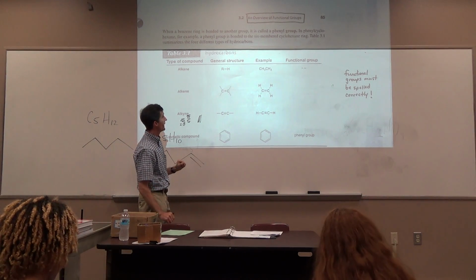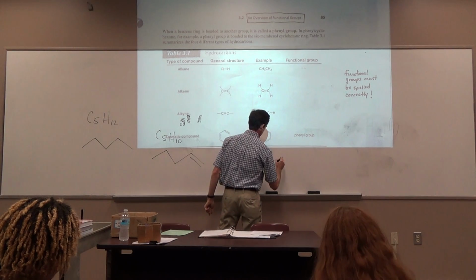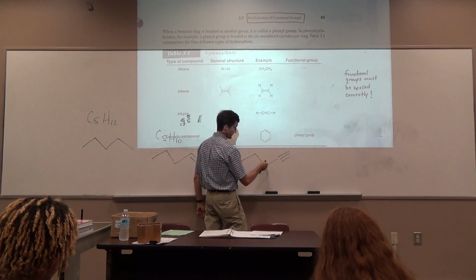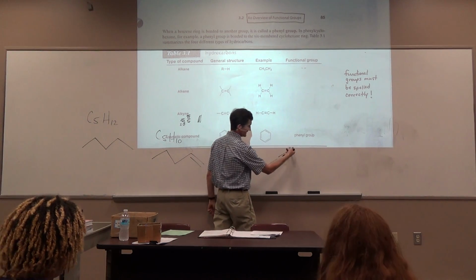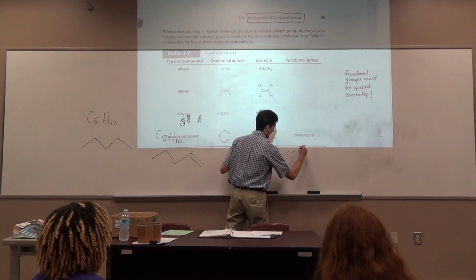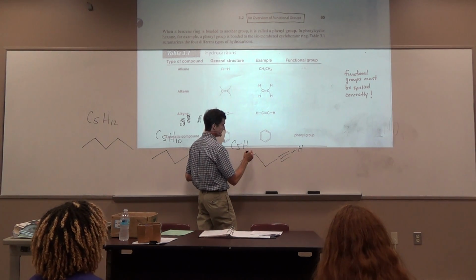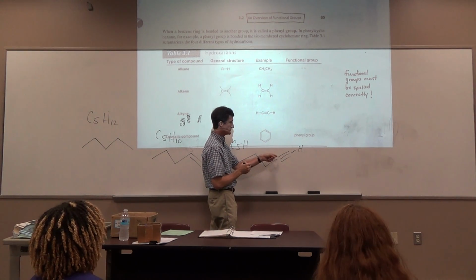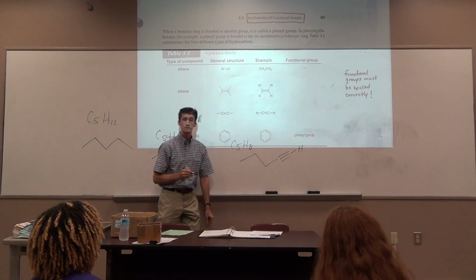We'll get to that. And then alkynes would be something like this. 1, 2, 3, 4, 5. I like to put an H on the end of my alkynes. It looks kind of negative without it. This is C5, H what? How many DUS do you see? 2. So yeah, see, it's missing 4 H's.